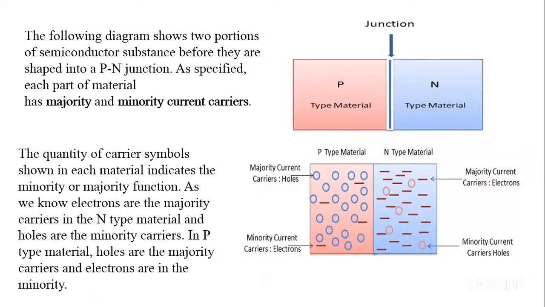When P-type and N-type semiconductor materials are joined together, they form what is called a PN junction. Here at this junction, there is what we call recombination of charge carriers. P-type has a majority of holes, and N-type has a majority of electrons. Some of the electrons in the N-type will begin to migrate and fill in the holes in the P-type.